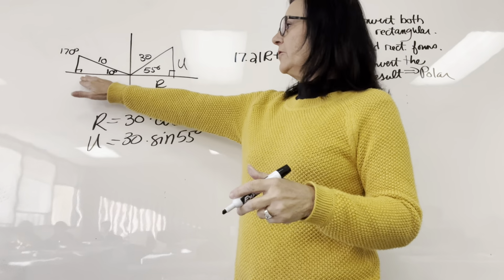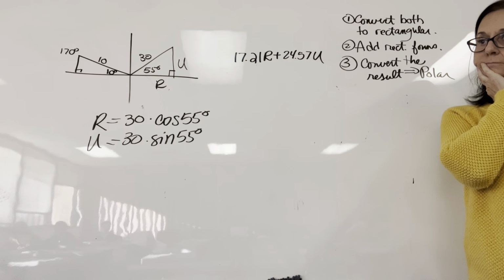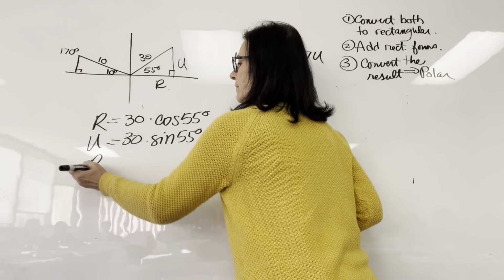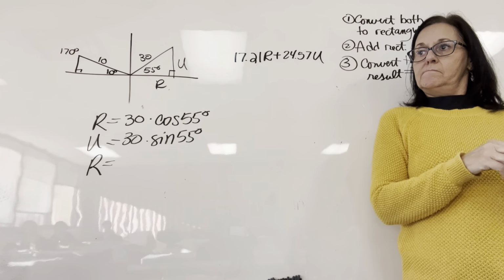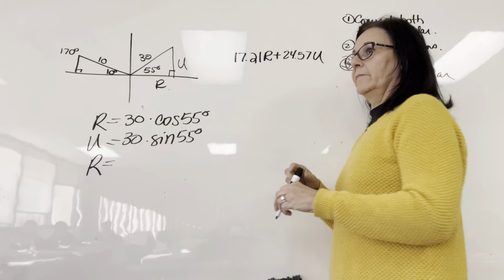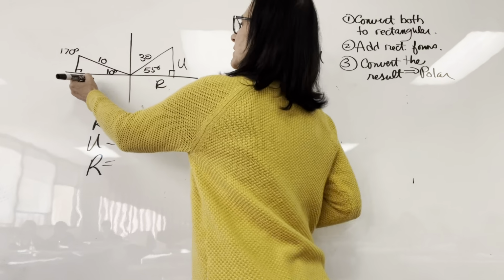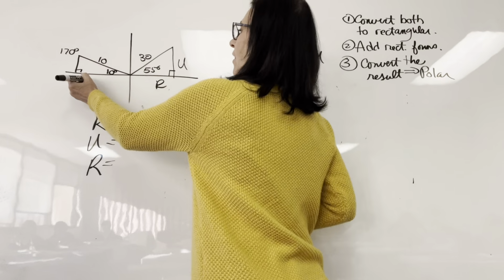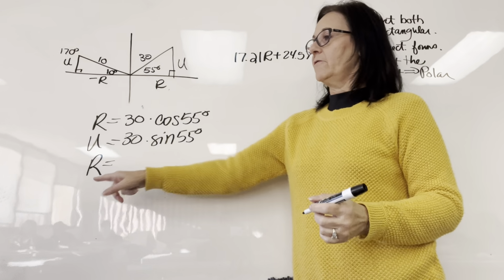All right, Sarah, what are we going to do over here on this one? How do we solve for R? This vector. We want the R value. R is going to be positive or negative? Negative R. U is going to be positive or negative? Positive. Excellent. So how do I calculate the value of R?